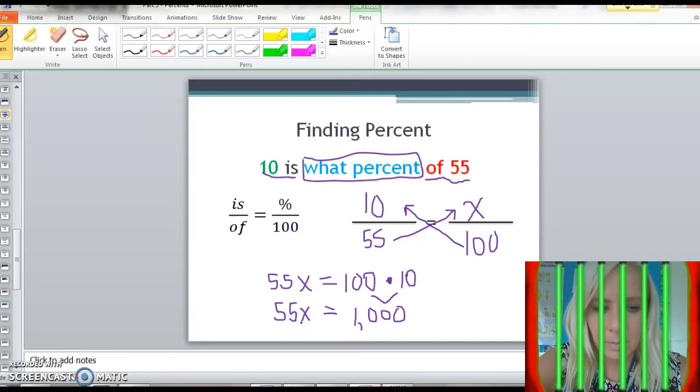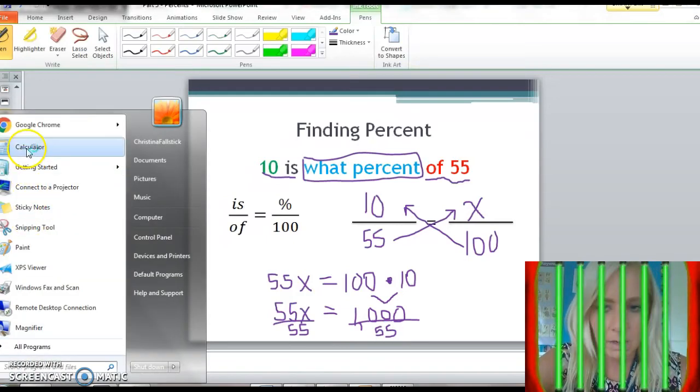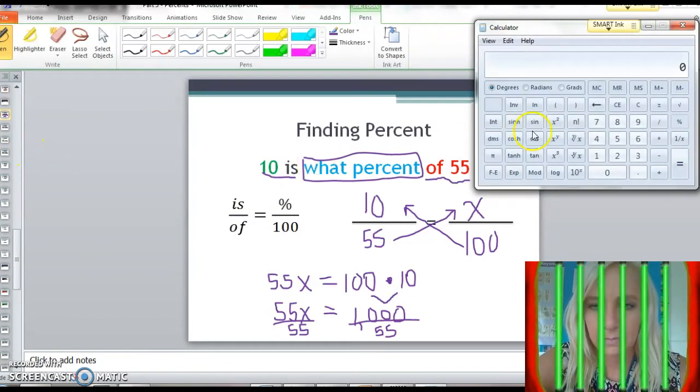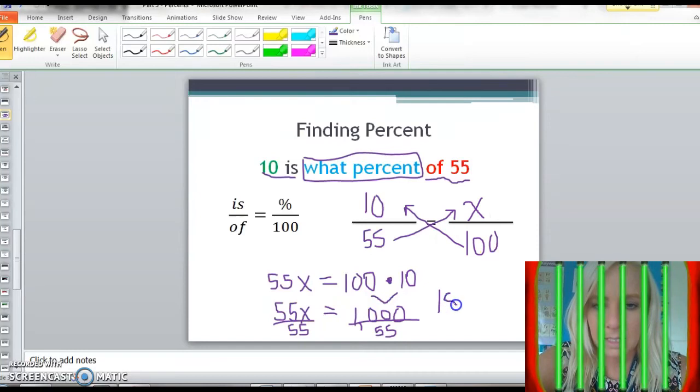Then in my last step, in order to find out what x is equal to, I'm going to divide both sides by 55. So I'm going to take 1,000 divided by 55. I just realized I don't have my calculator. 1,000 divided by 55 equals 18.18 repeating.